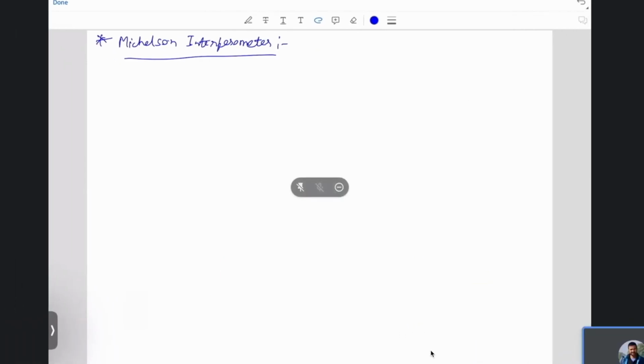So yeah, it's very interesting, and so let me draw schematics of this experiment.